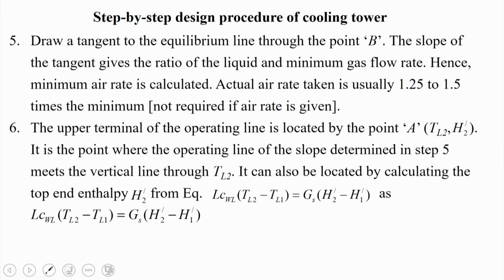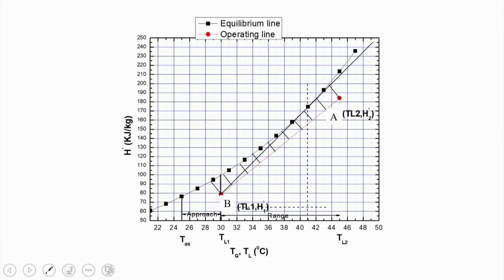Now, we need to draw a tangent to the equilibrium line through point B, like this. From point B we draw this tangent to the equilibrium line.